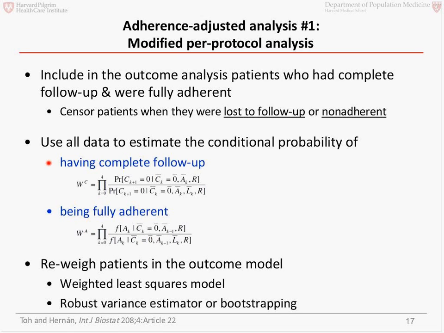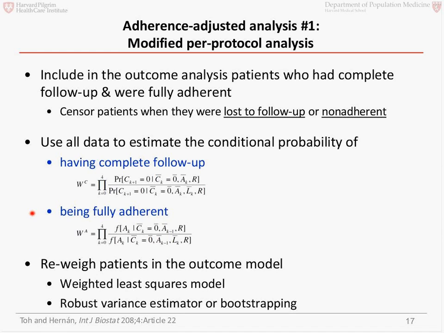At the end of this process, each patient will have an estimated probability of remaining uncensored and an estimated probability of remaining on their assigned treatment. We use these two probabilities and get a product of these two weights to get the overall weight for the patient. So what this process is doing is trying to re-weight patients.